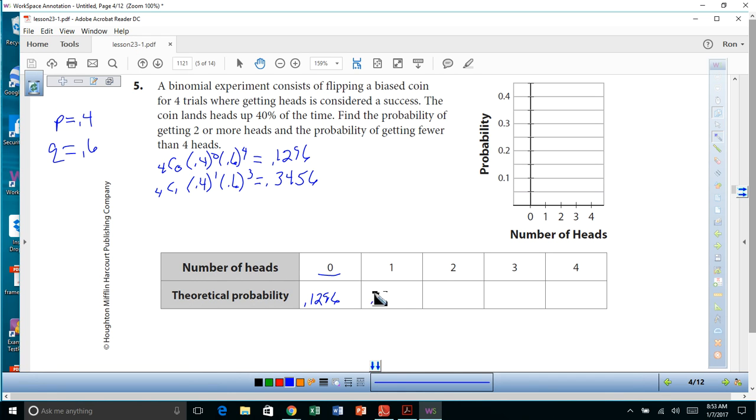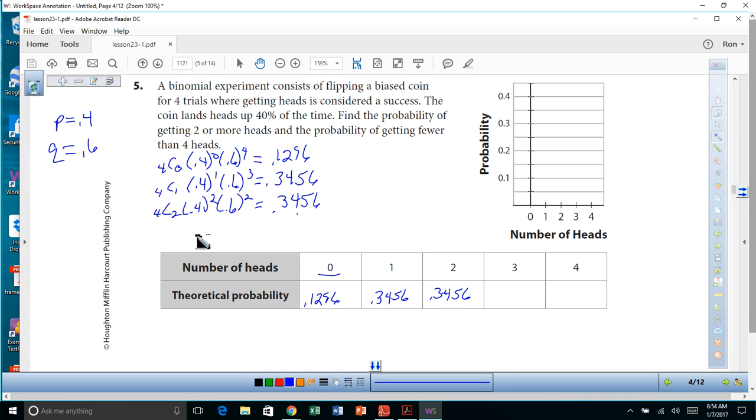And then 4 choose 2, 0.4 squared, 0.6 squared, and that's going to give you 0.3456.